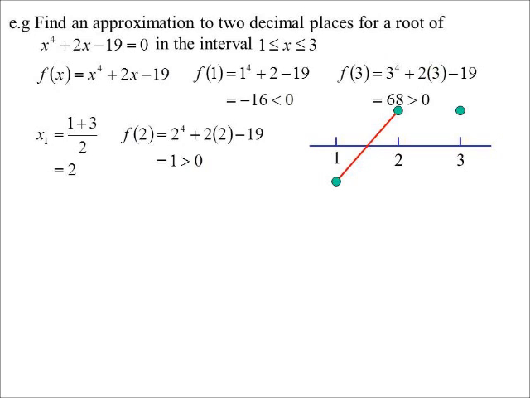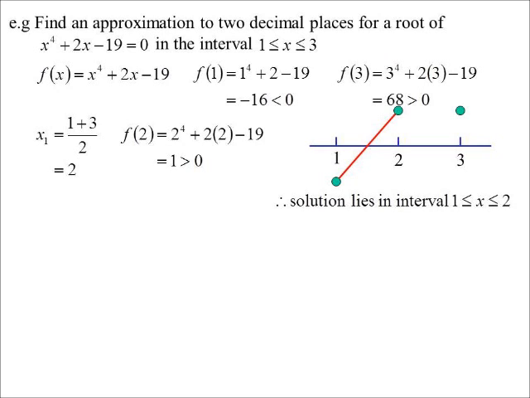f(2) turns out to be 1, so obviously it's not the solution. But what I now know is I can trap it in a different interval, because f(2) is positive and f(1) is negative, so the solution must be between 1 and 2.